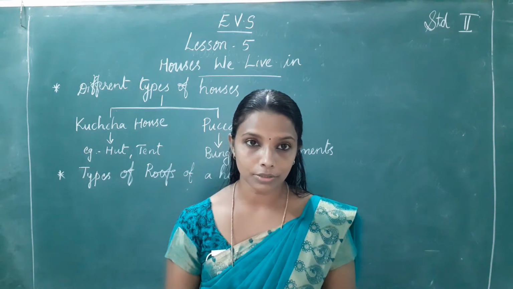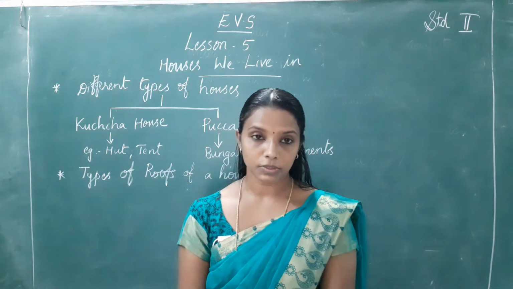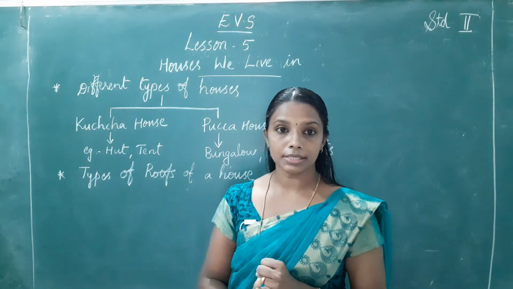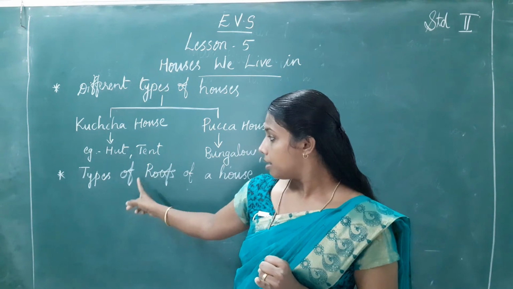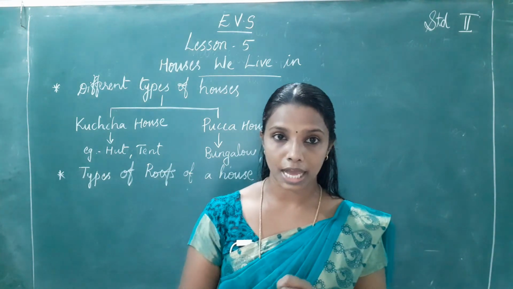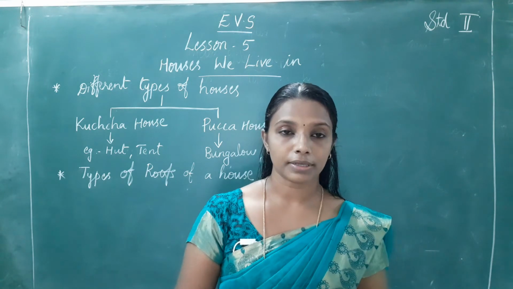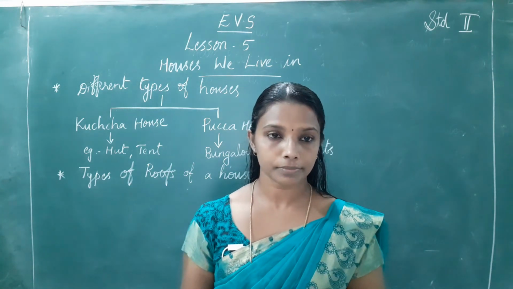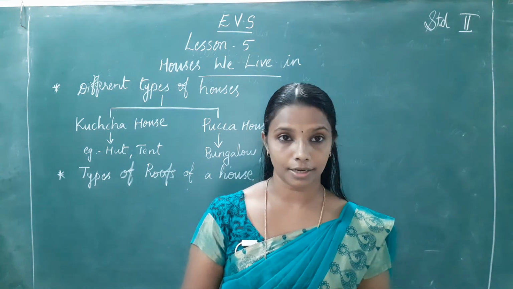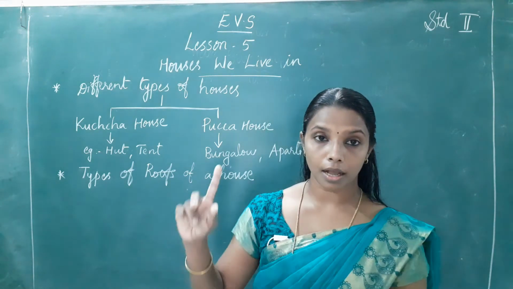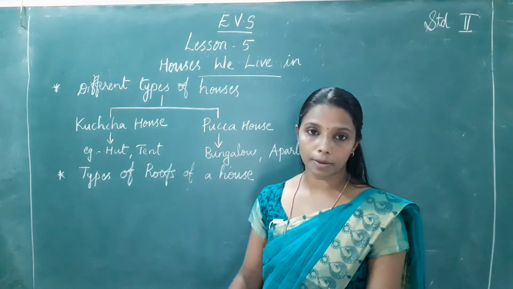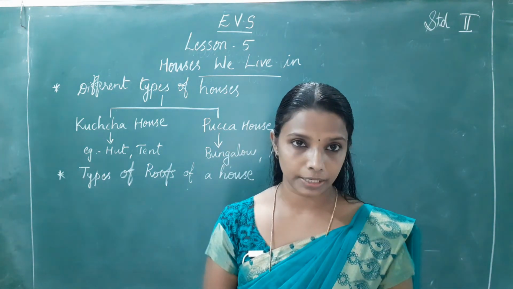All of you understood? In this chapter, we studied about different types of houses and different types of roofs. Different types of houses are mainly two types, kacha and pakka. Examples of kacha house are tent and hut. Examples of pakka house, a permanent house, are bungalow and apartments or buildings.